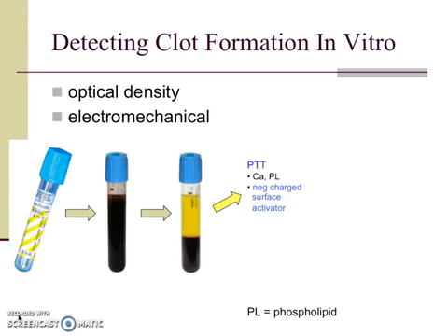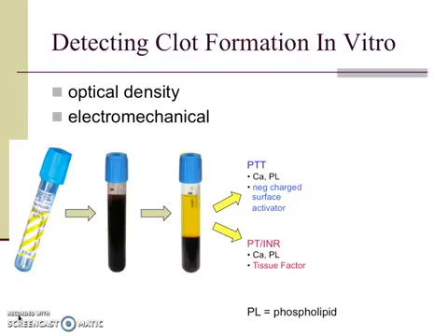In the PTT test, we take advantage of the activation of factor 12 when we add back calcium, phospholipid, and specifically the negatively charged surface activator that forces coagulation to proceed down the intrinsic pathway. In the PT test shown in pink, we add back calcium and phospholipid again, but this time we add tissue factor to force coagulation to proceed down the extrinsic pathway instead.